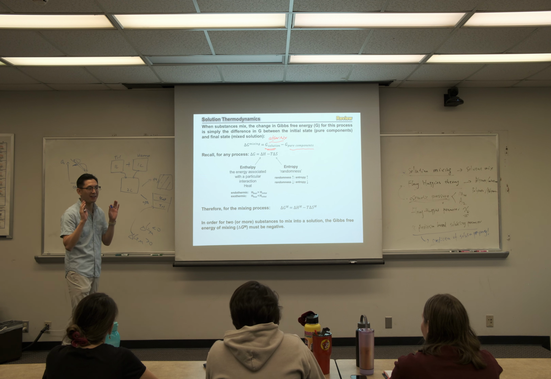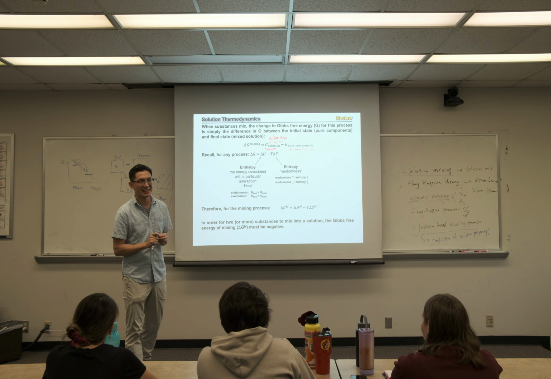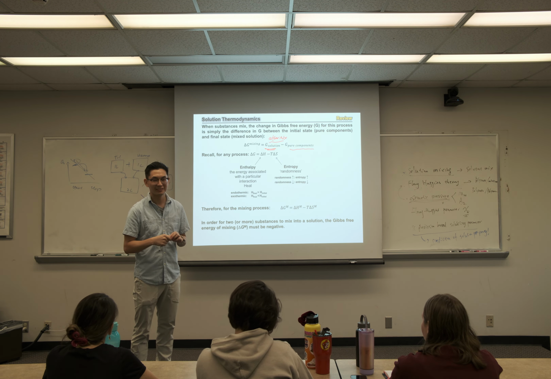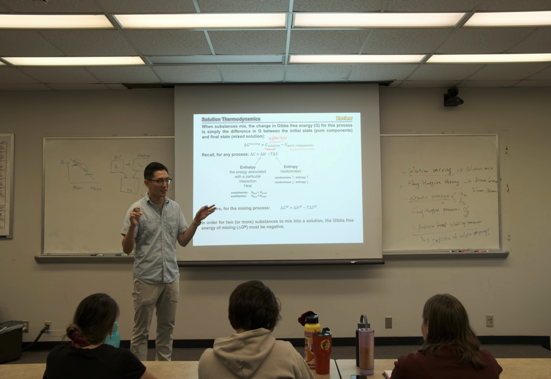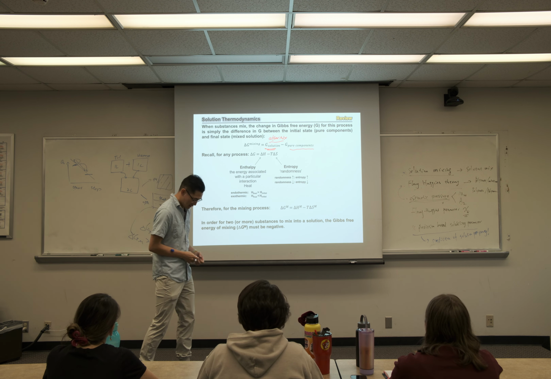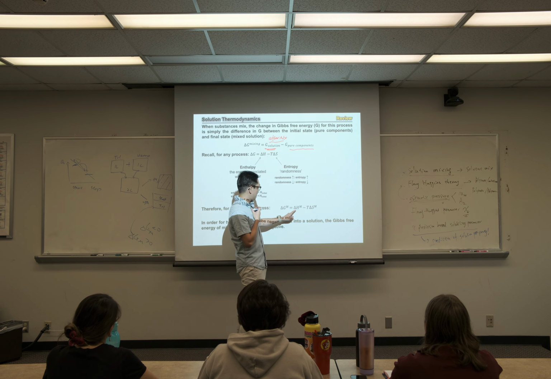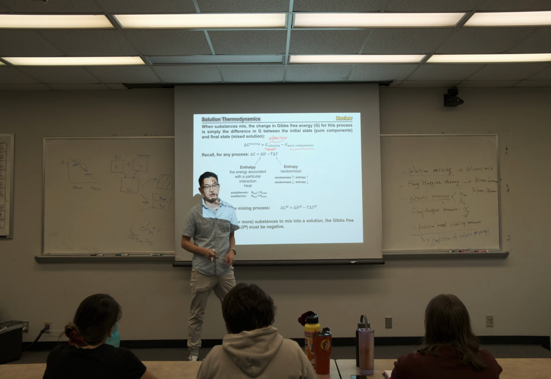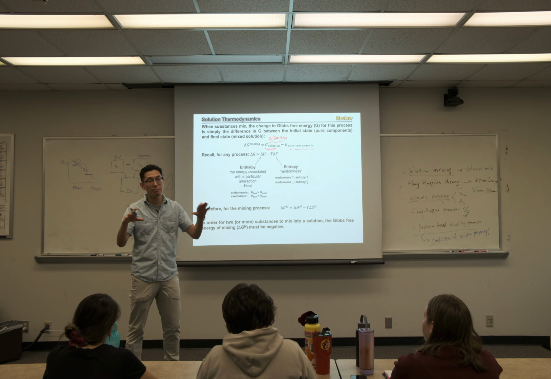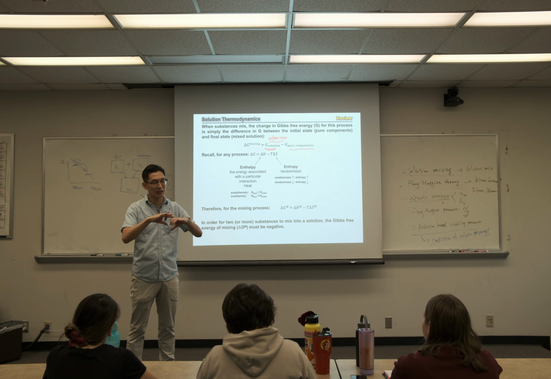But that's where the difficulty is, how do we get the delta G? And we're going to discuss it in 2 contexts. First, we're going to understand what delta H is. So what happens when you mix 2 things? What happens to the delta H?